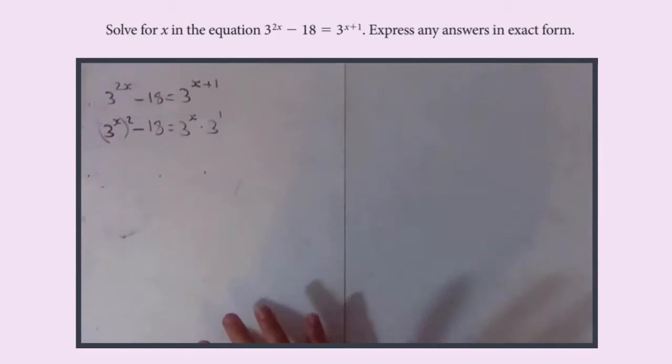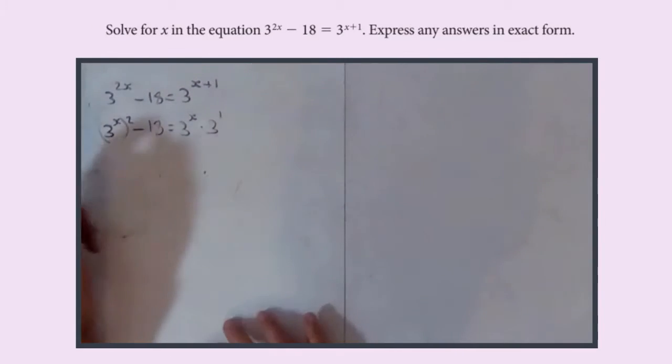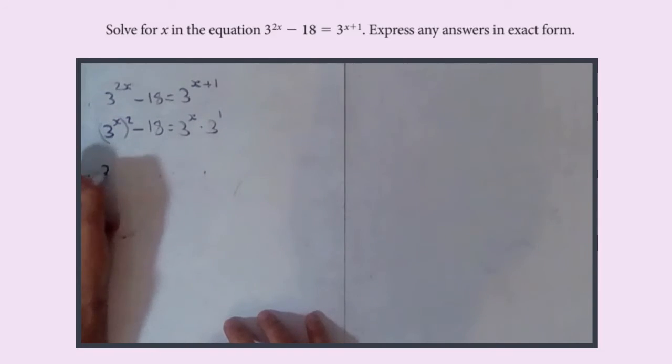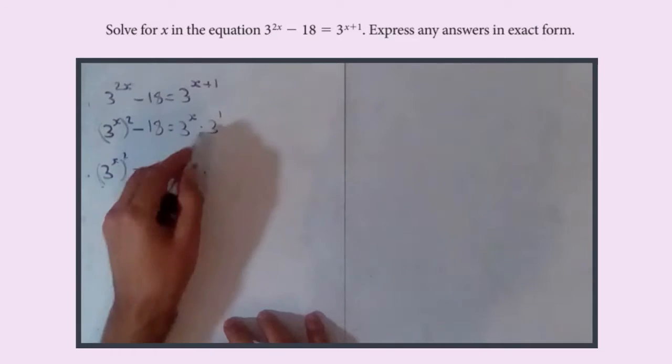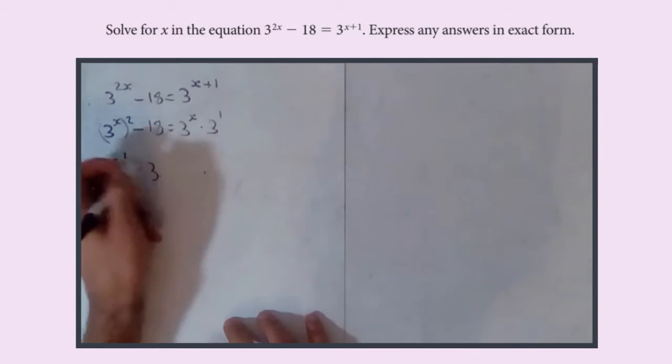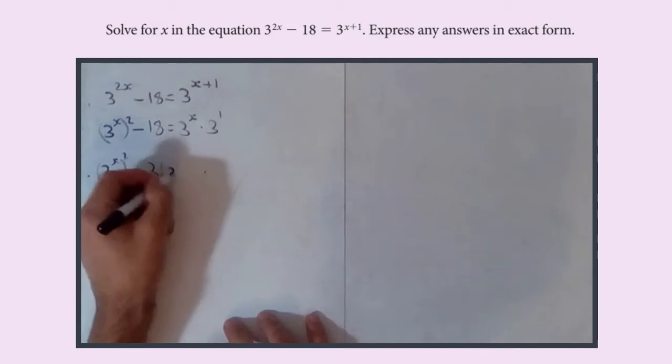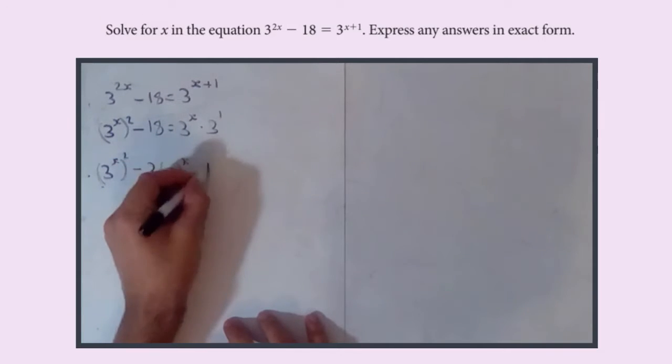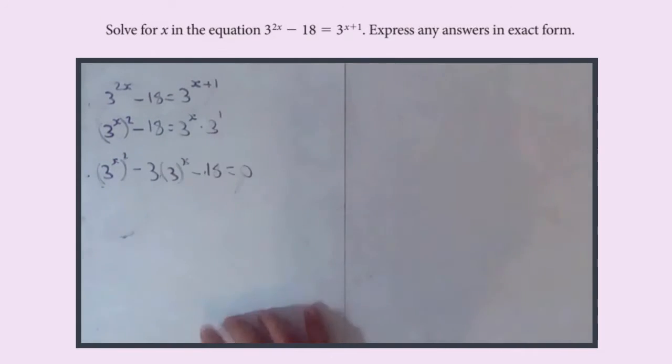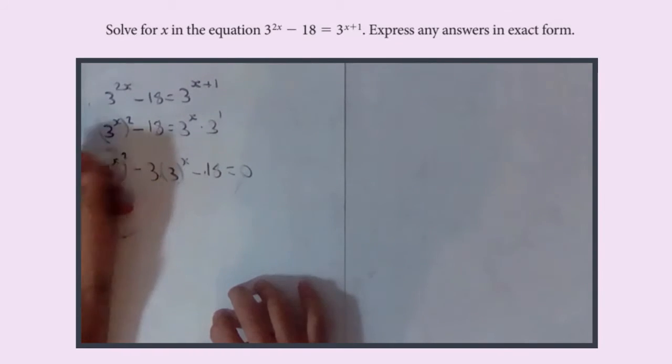So now, if I can just move the stuff around and make it equal 0 on this side, I have 3 to the x squared minus, so I'm going to subtract this term, 3 times 3 to the x, minus 18 equals 0. So now I've got something that I think I can make into a quadratic equation.